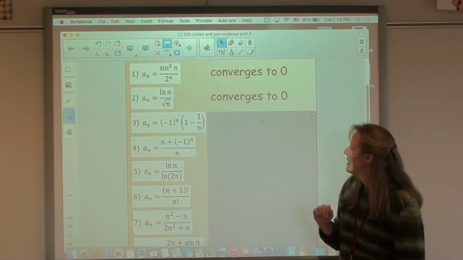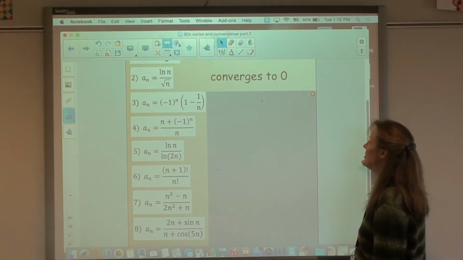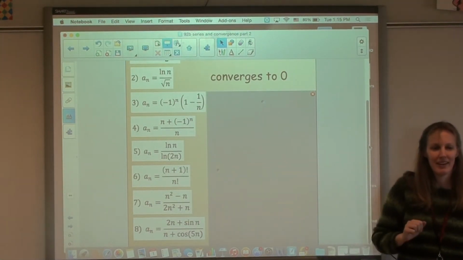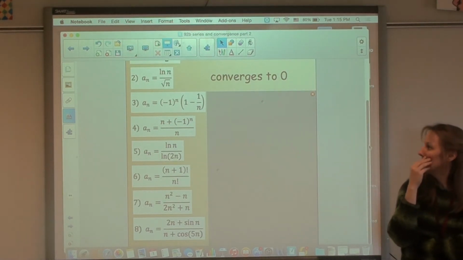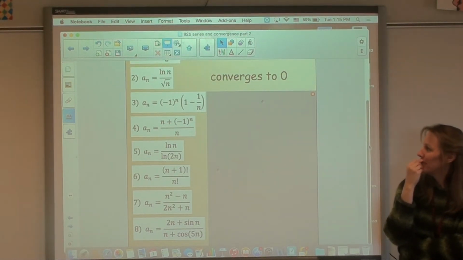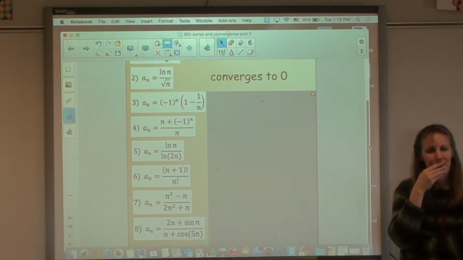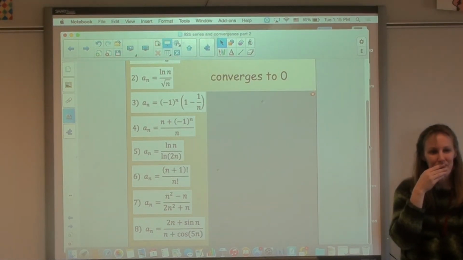All right. So does anyone have an answer for number 3? Yeah, Bethany. I said that it diverges because up front you have a -1 to the n, and as n becomes odd and even, it will switch between -1 and 1.